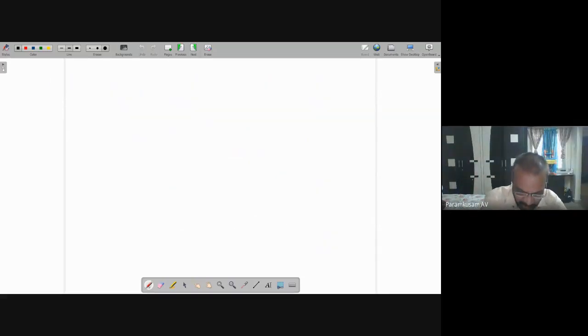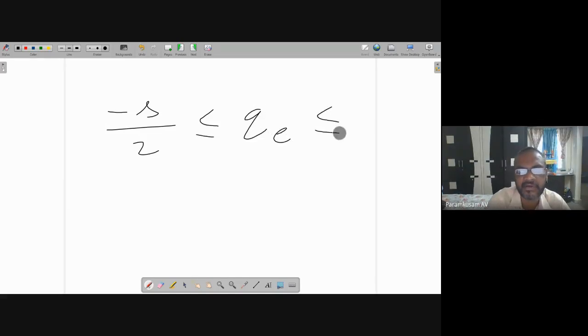So suppose a quantization error is represented by QE. Then it lies between minus S by 2 less than or equal to QE less than or equal to S by 2.